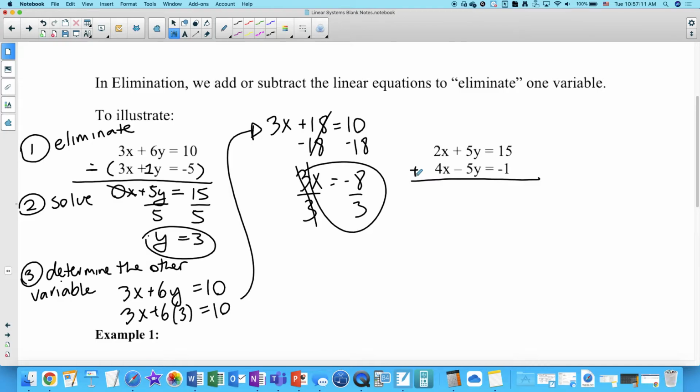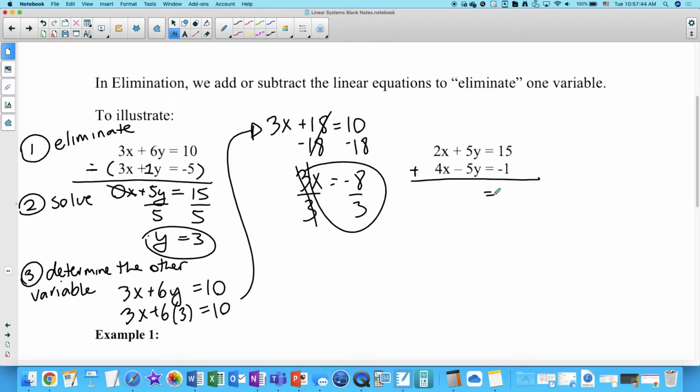So the idea here is you're either going to be subtracting equations or adding them, and that depends on whether or not the coefficients are completely equal to one another, in which case you'd subtract, right? 3x minus 3x equals 0. Or if they only differ in sign, then you would add them, because 5y plus negative 5y is 0. And you essentially just want to do whatever you need to make that coefficient 0.